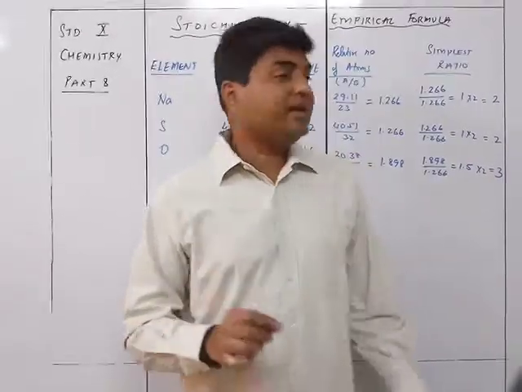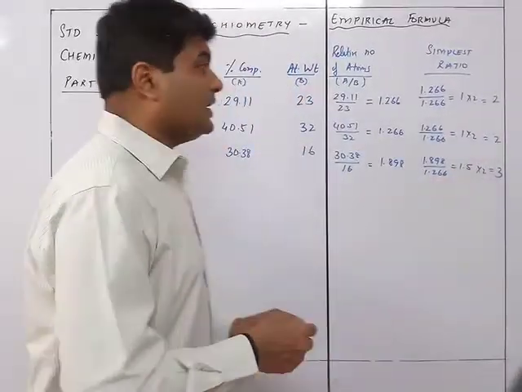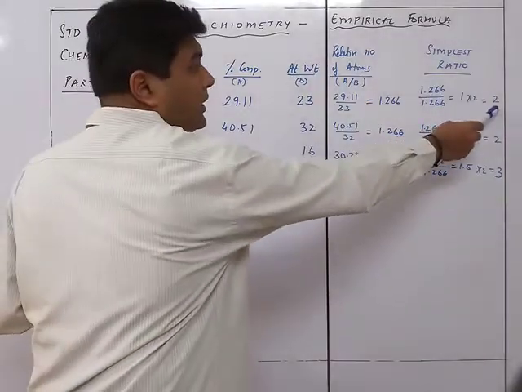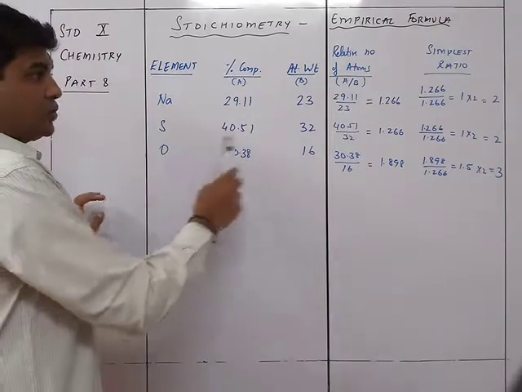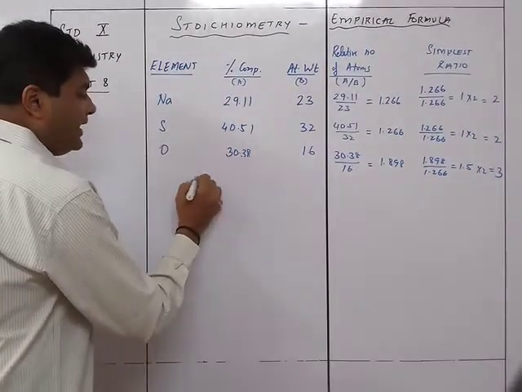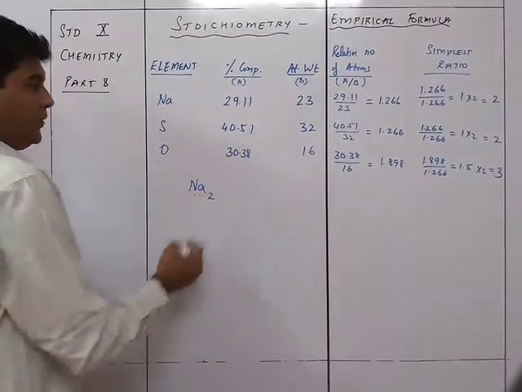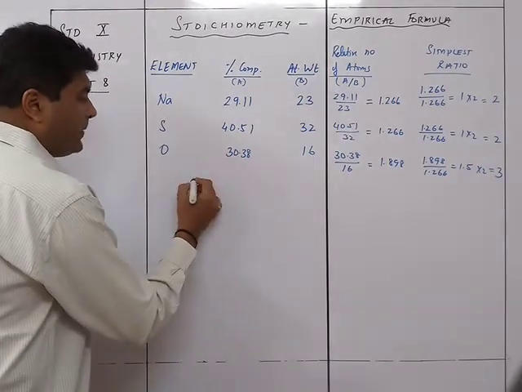Once you have these numbers, these are actually the number of atoms in one particular molecule of the substance. You can see that there is Na, which is 2. So we have the empirical formula.